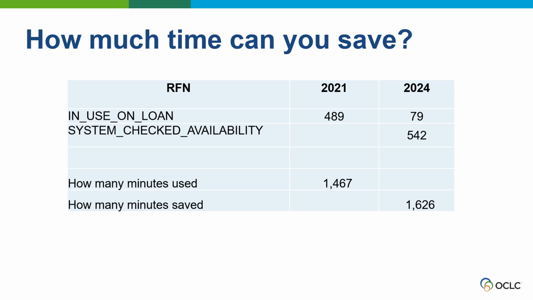Again, requests that your library does not have to touch. So we factored in 2 or 3 minutes to say no to those requests. It took 1,467 minutes for them to respond no. Using real-time availability, the minutes you save for the 542 that you're not touching was 1,626.